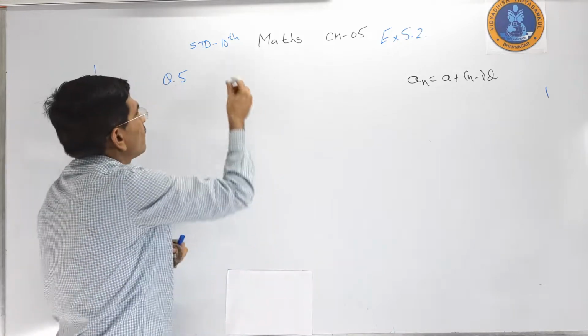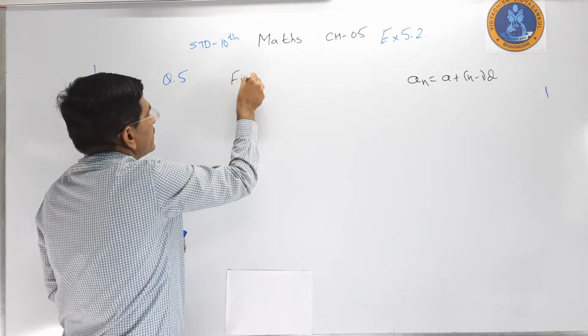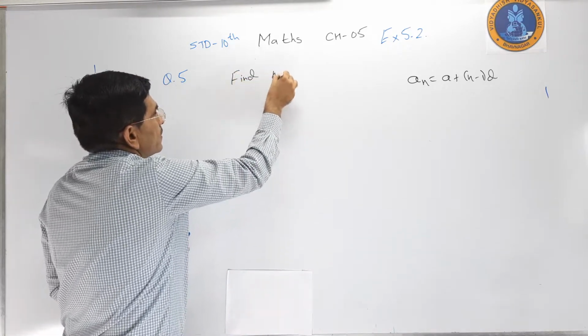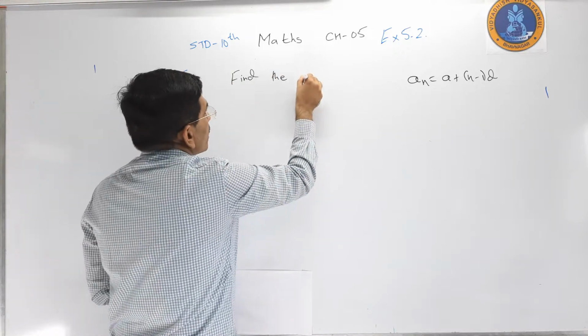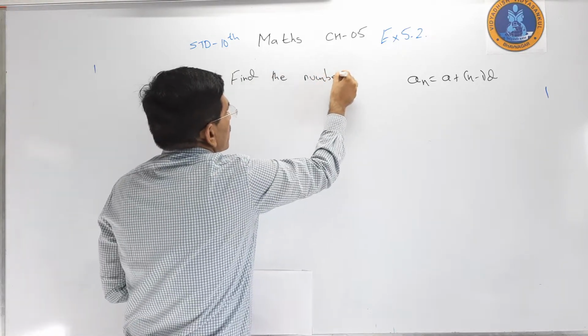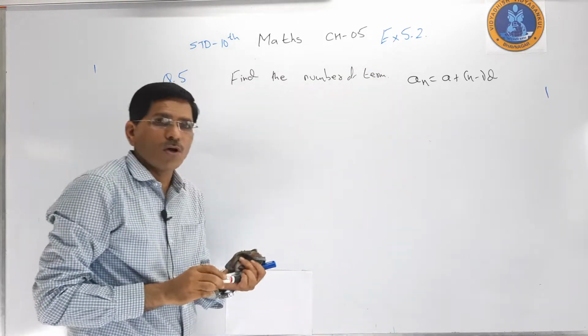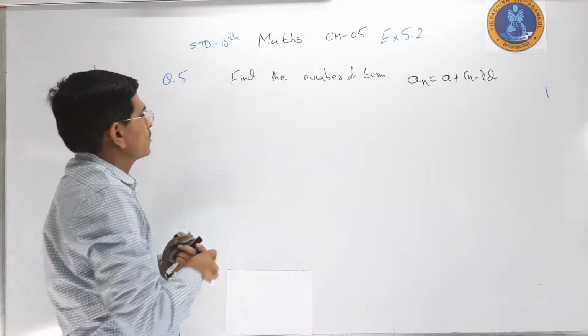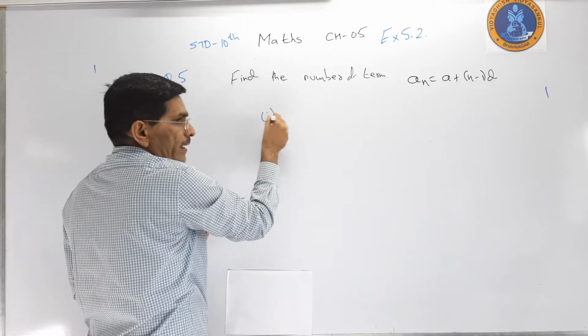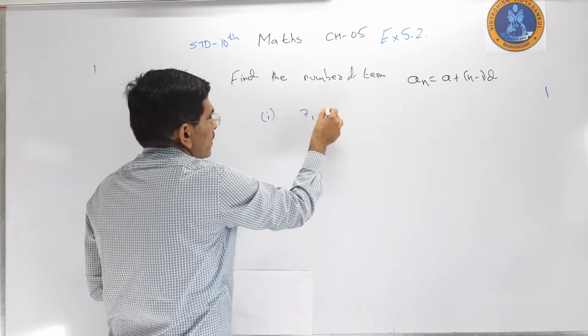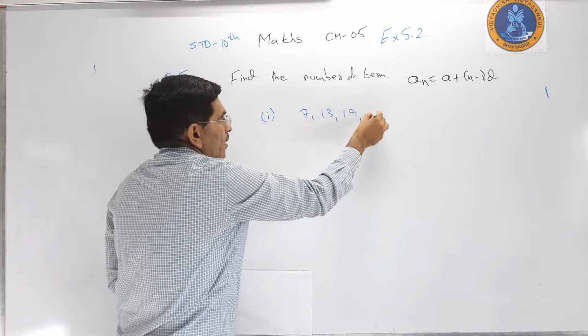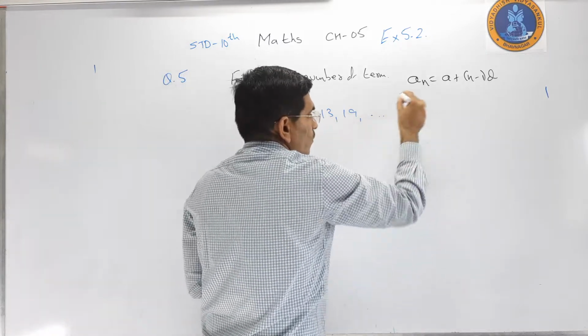Question is, find the number of terms. So again I am explaining: 7, 13, 19 up to 205.